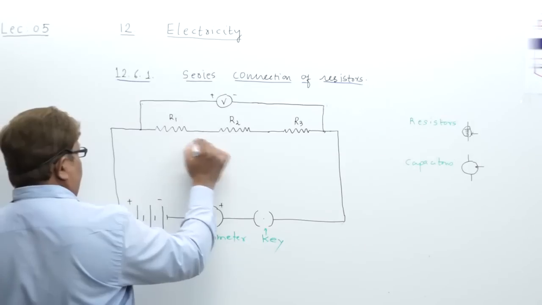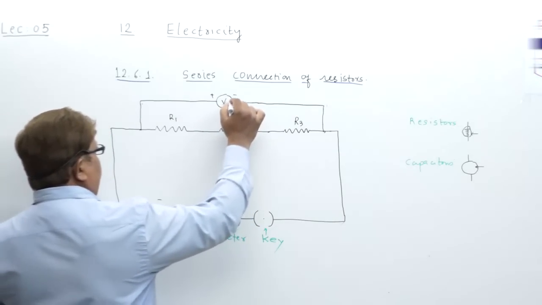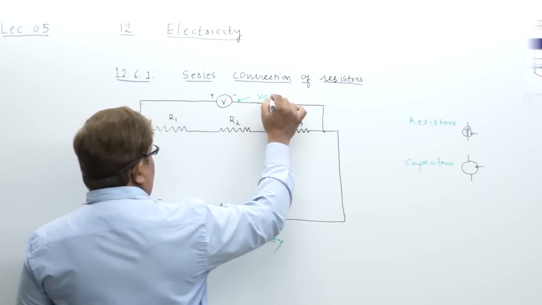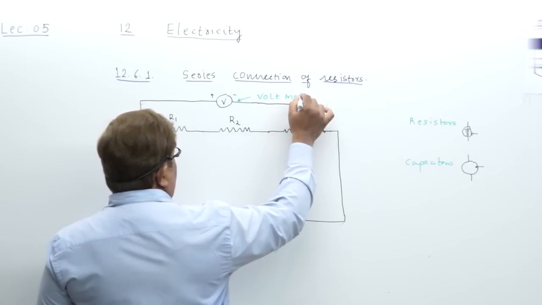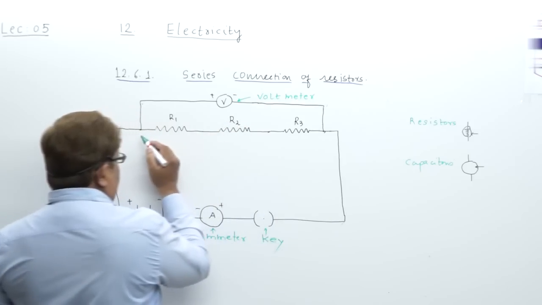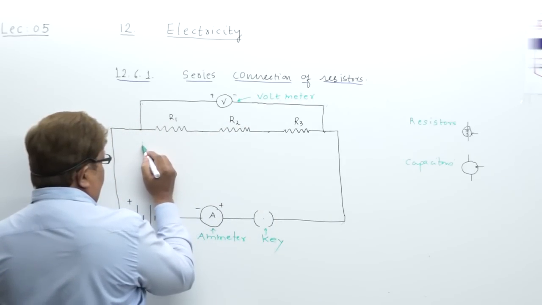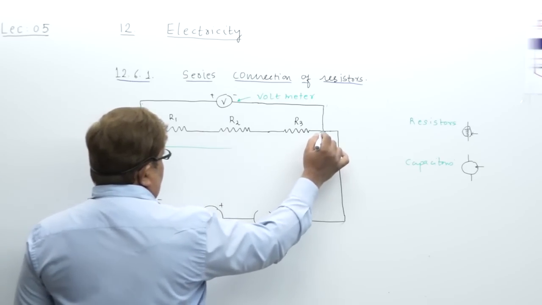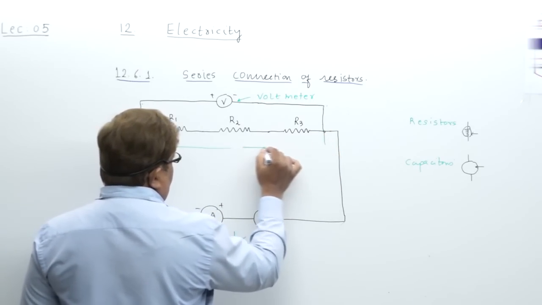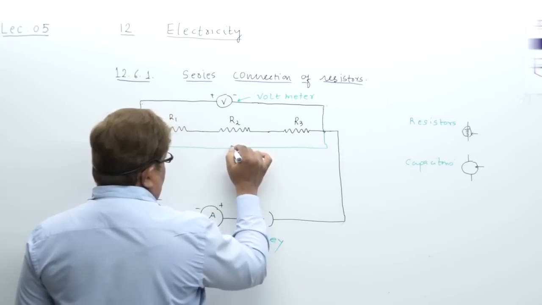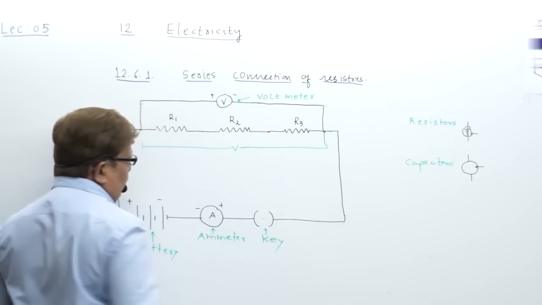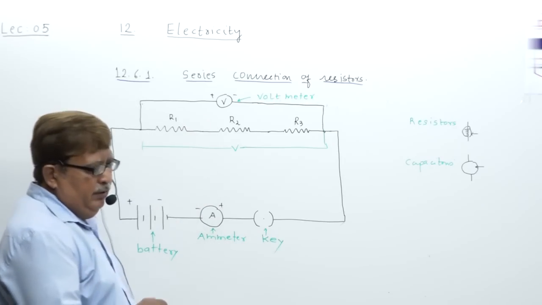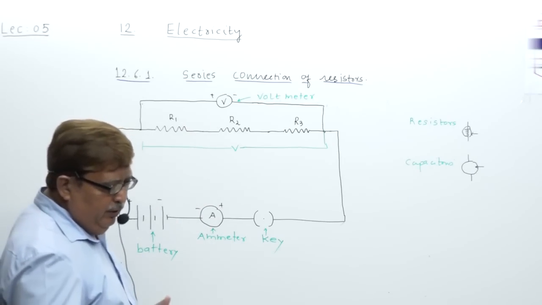These are three resistors. This is, as you know, the voltmeter to measure PD, that is potential difference, across the resistors. To measure V, potential difference across the resistors, we have connected the voltmeter here.